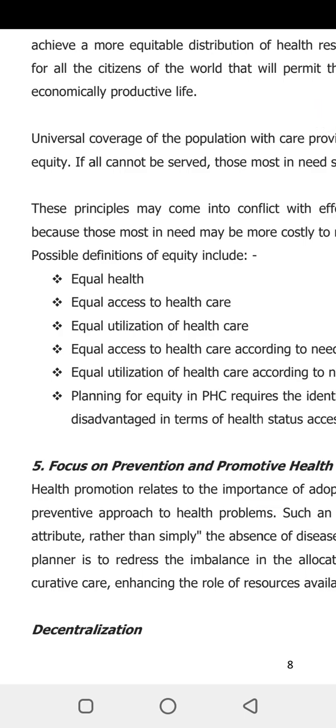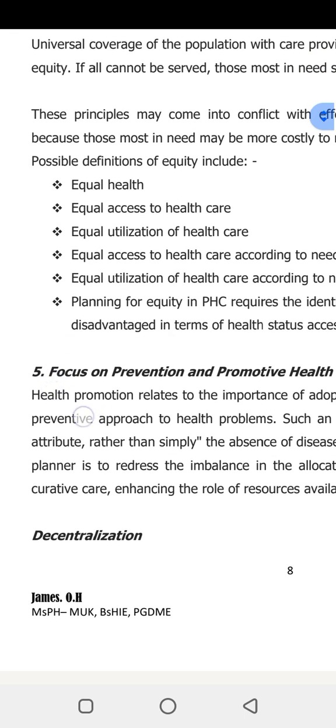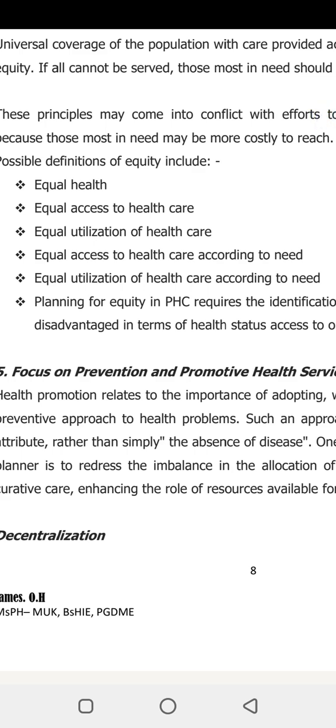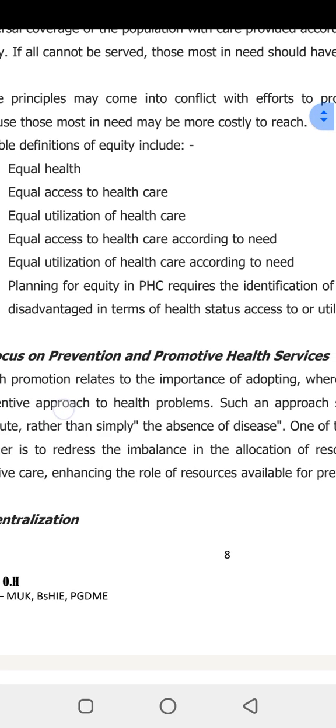Meaning that under this we should have equal access to health care, equal utilization of health care, equal access to health care according to the need, equal utilization of health care according to the need.